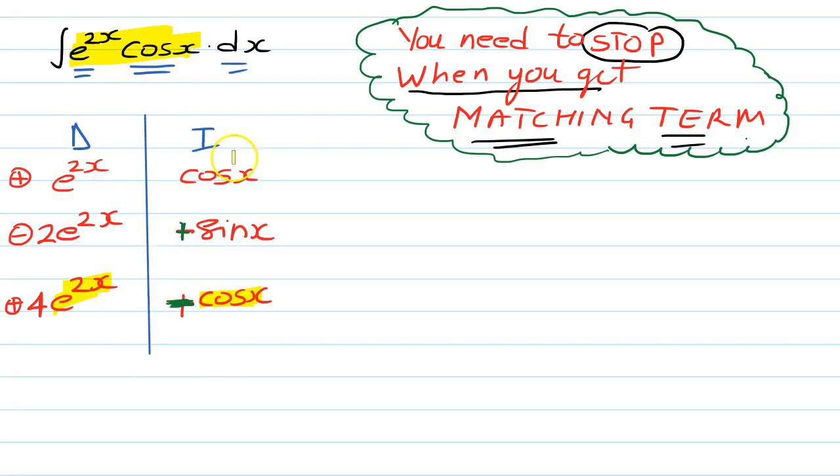Yeah, so what we are going to do now, same thing, we'll multiply diagonally, and let's write down.